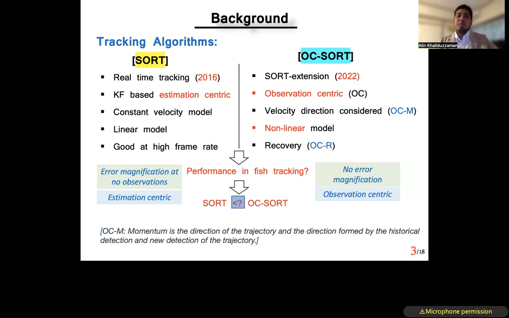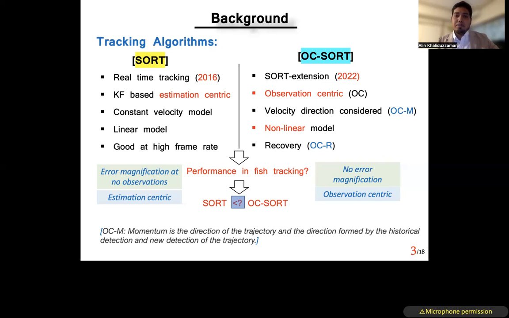and it should perform better because in the case of SORT, error accumulation or magnification occurs at no observations. That means when, for several frames or several steps, the object is not detected, the trajectory or localization error is accumulated because it is based on estimation-centric.